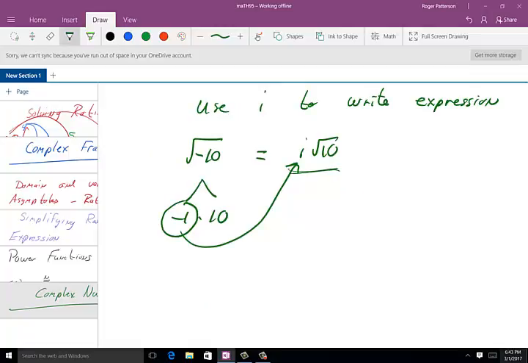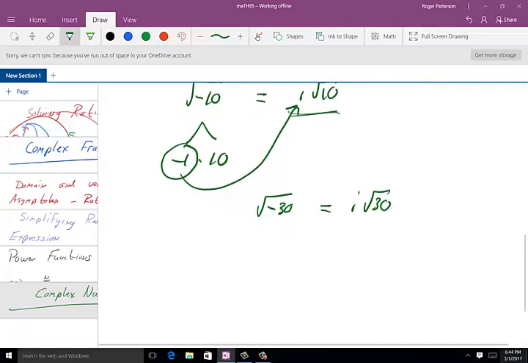Now you can, because you have i's. All right. So anytime you have the square root of a negative, say 30, we just say this is i square root 30. All you're doing is taking the negative out and making it an i in the front. Okay, that's basically it with that.